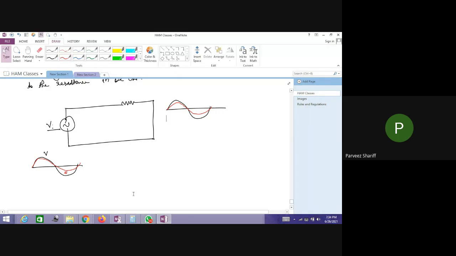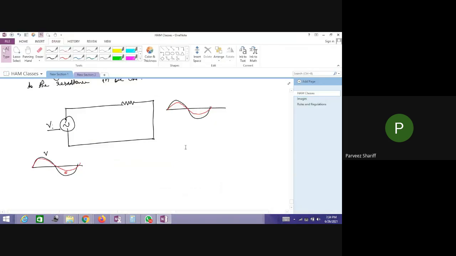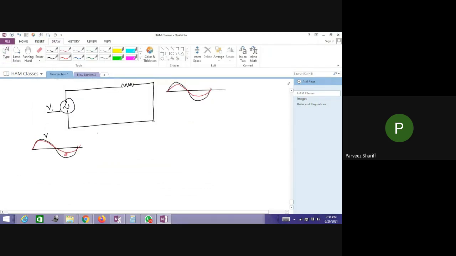But if you see in an AC circuit containing an inductor, the current will lag the voltage by an angle of 90 degrees. So if we take a circuit here, I take it in terms of black, this is a voltage source.